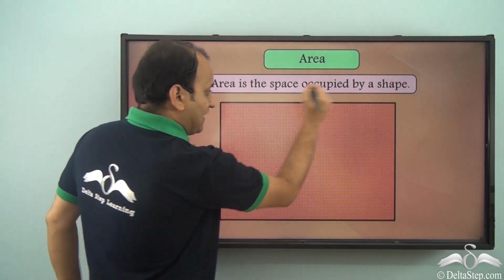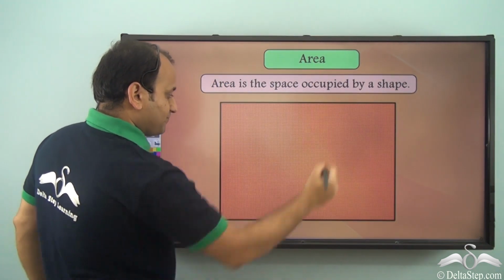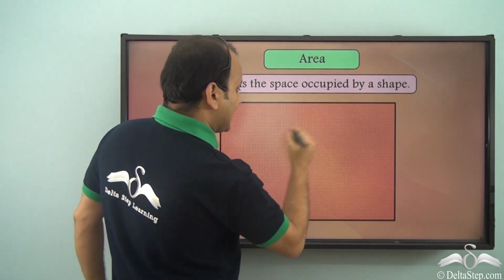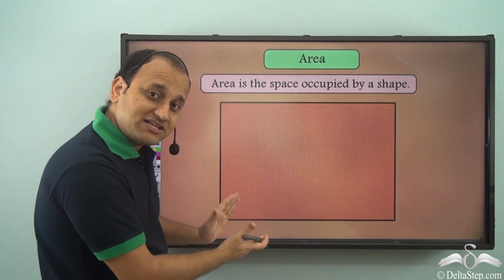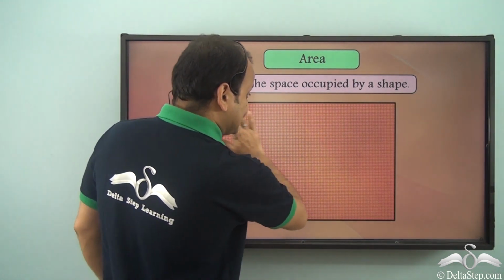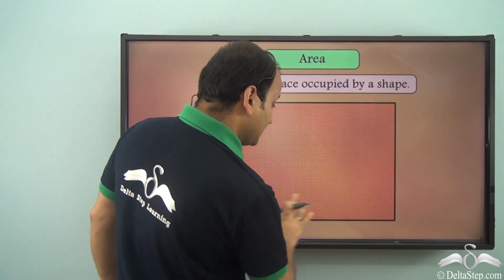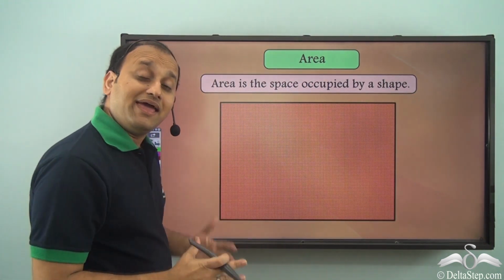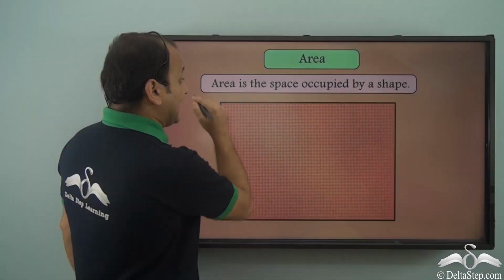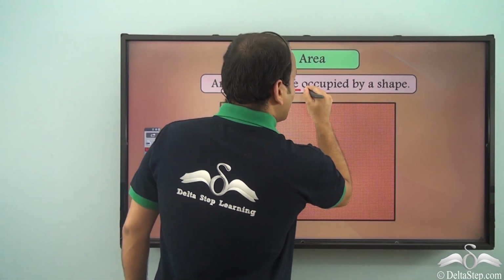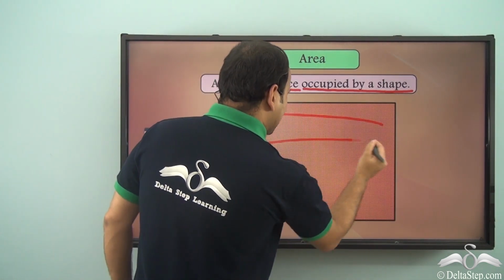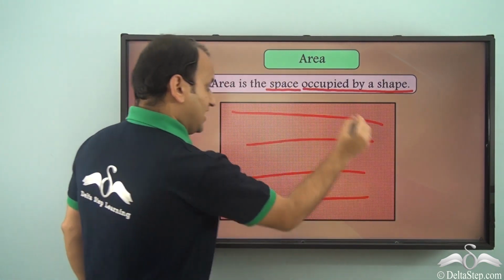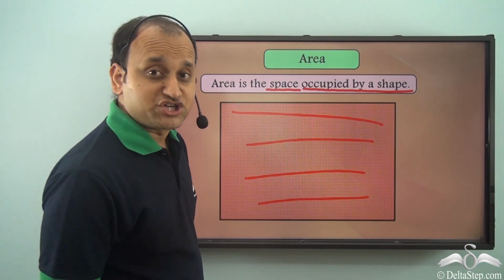If I have this particular shape and this entire shaded region here is the space occupied by this shape, or we can say that this entire region here is the area of the shape. So area is the space occupied by a shape. In this case, this entire shaded region is the area of this particular shape.